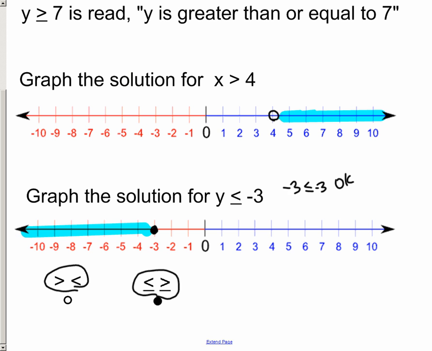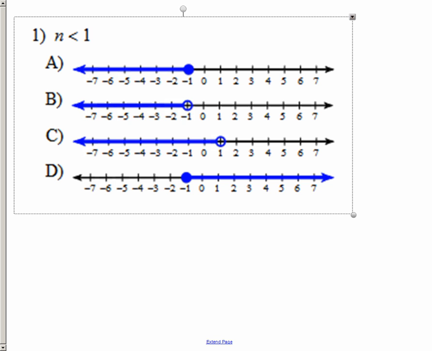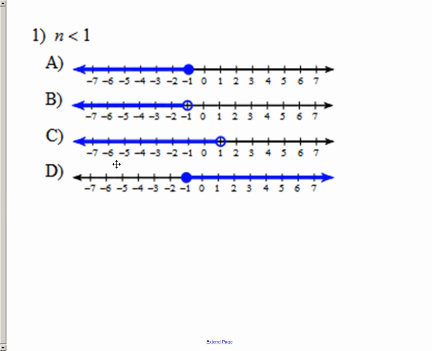Let's take a look at a couple of practice problems just real quick. We'll make it multiple choice, make it a little bit easier for you. So here we go. N is less than 1. Because I know that we're using the less than and it does not have the equal sign, it means it has to be an open dot.